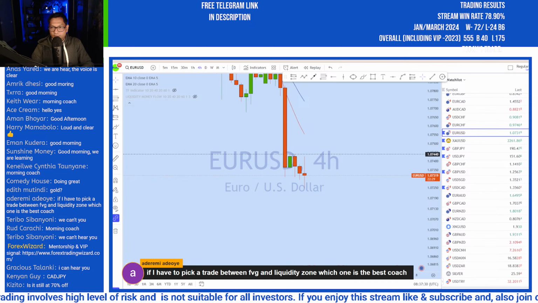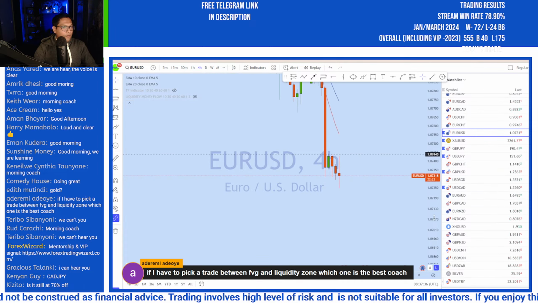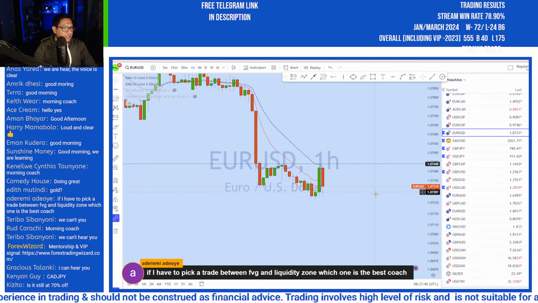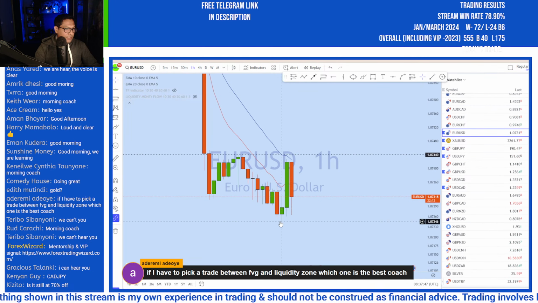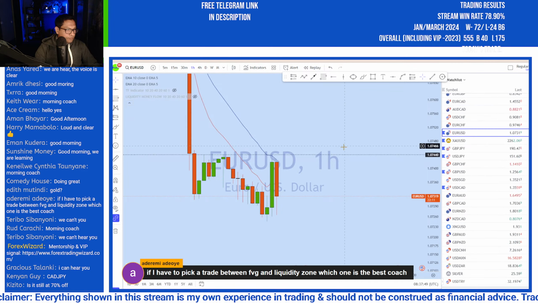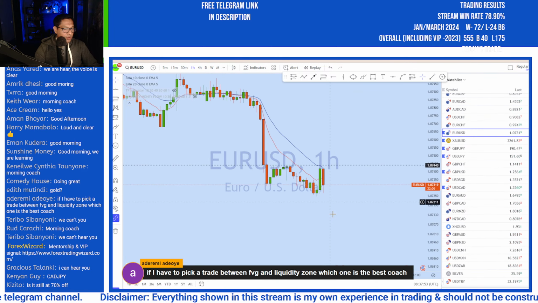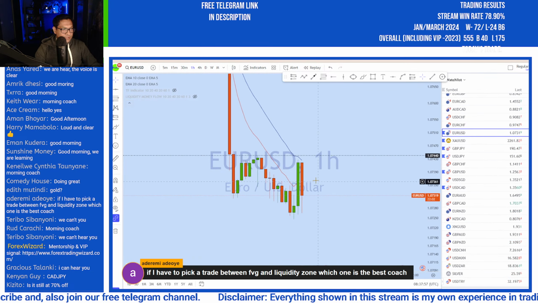Let's look at the euro dollar to see where the market is heading. From the 1 hour we have seen a bounce against the major trend and then an immediate drop from that resistance level on euro dollar.